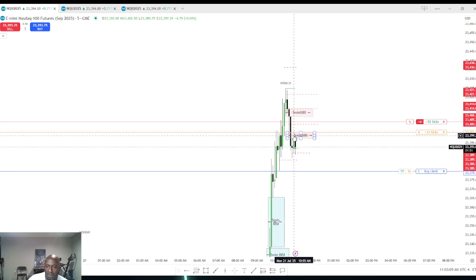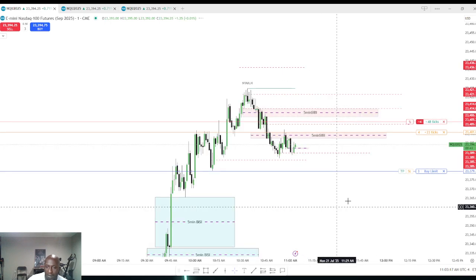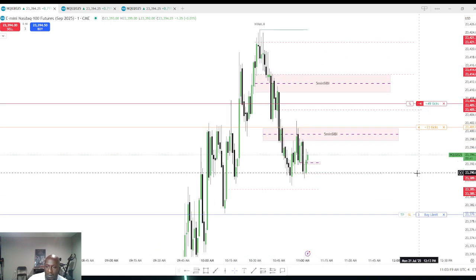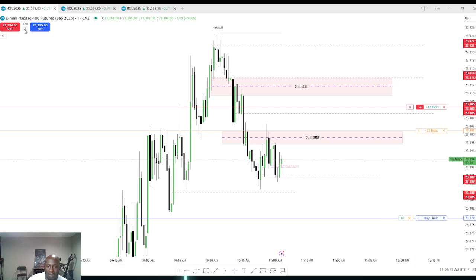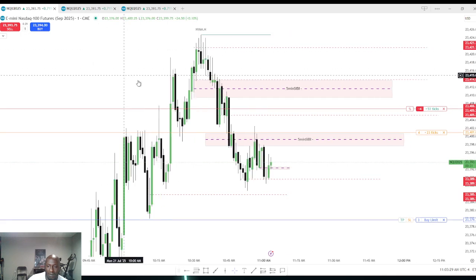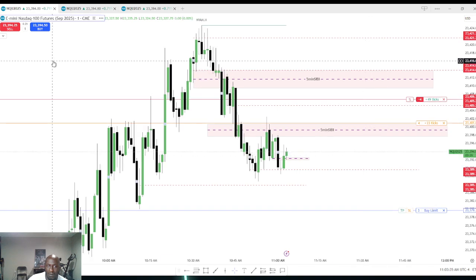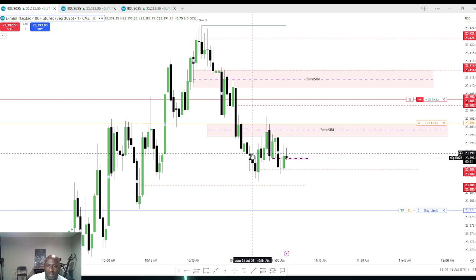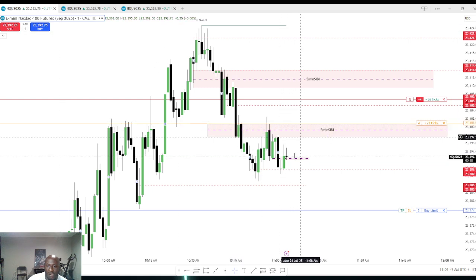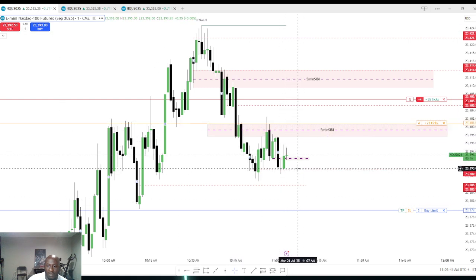And so I would like to see lower prices. True inversion, go lower. I don't want to see you go back up here. I want to see you close over this and get below this and get below that.